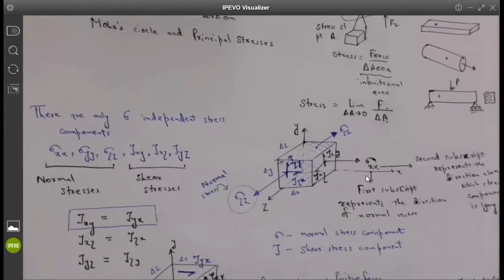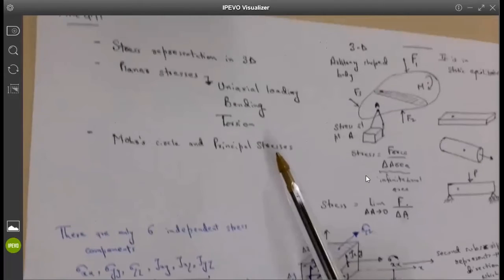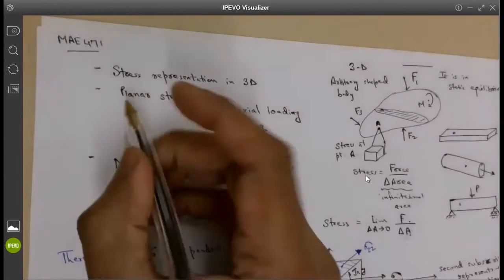Now, in actual components, we are not dealing with 3D representation. That is a good thing for us, because dealing with all of these individual components makes our life very difficult. So as engineers, we tend to simplify the 3-dimensional situation to a 2-dimensional situation, which we call planar stresses.